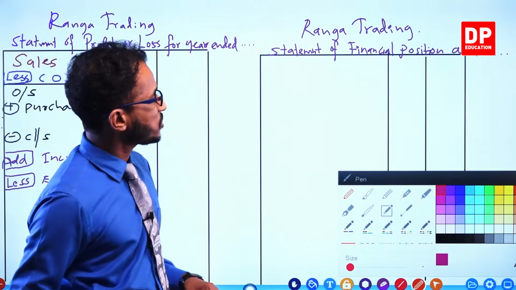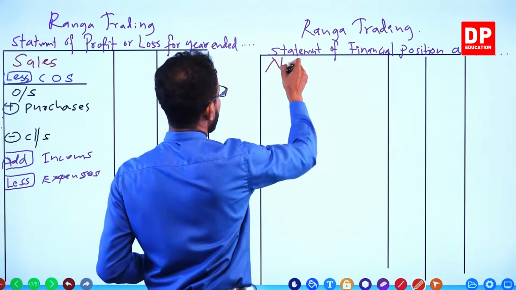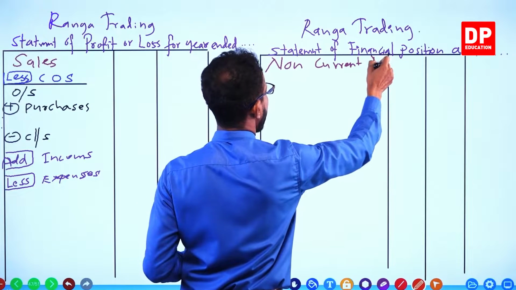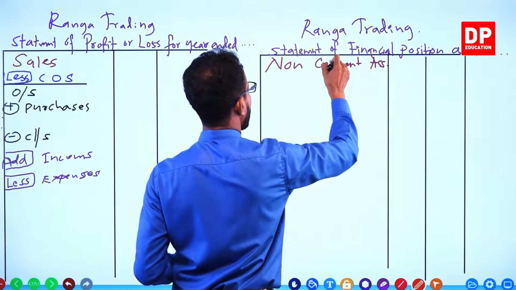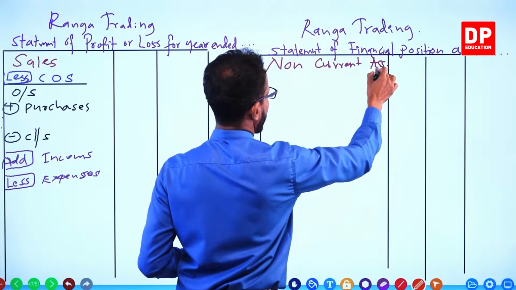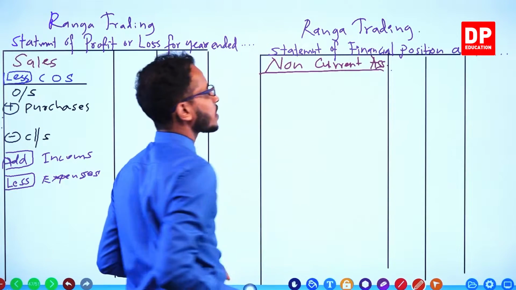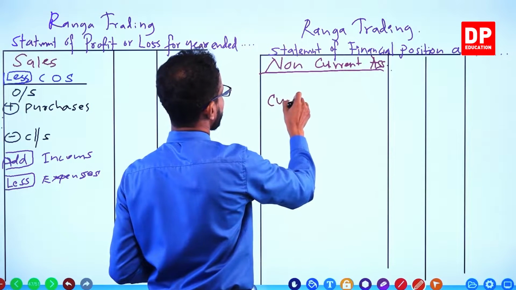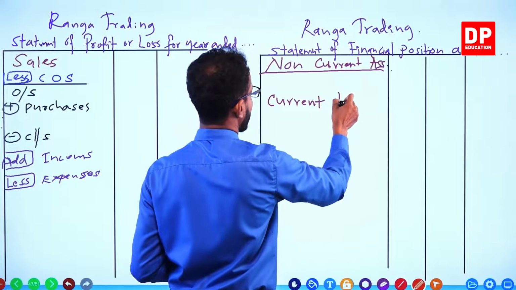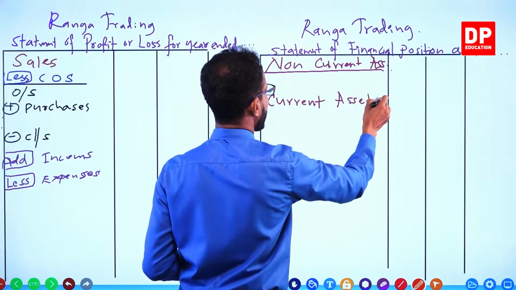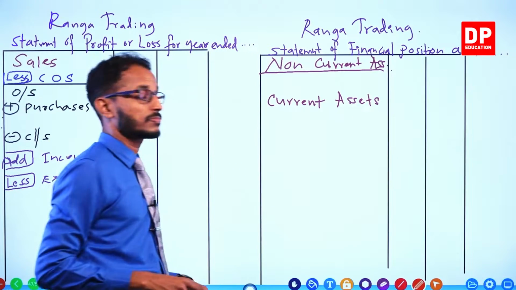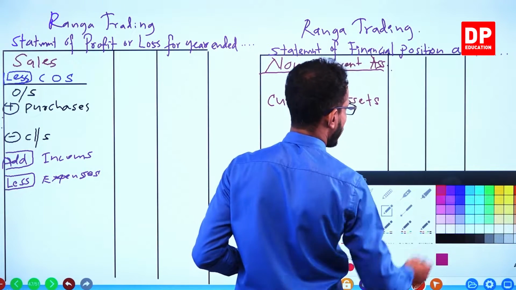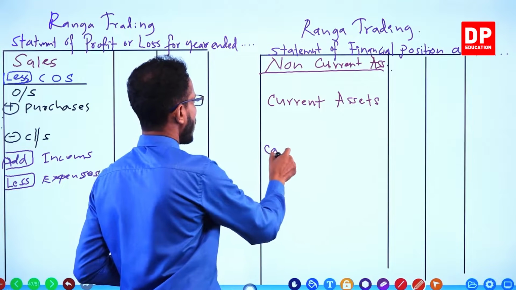Good. Now we are moving on to the statement of financial position. On top we have non-current assets. Non-current assets, all right. Short forms. Current assets. Under that we have capital and liabilities.